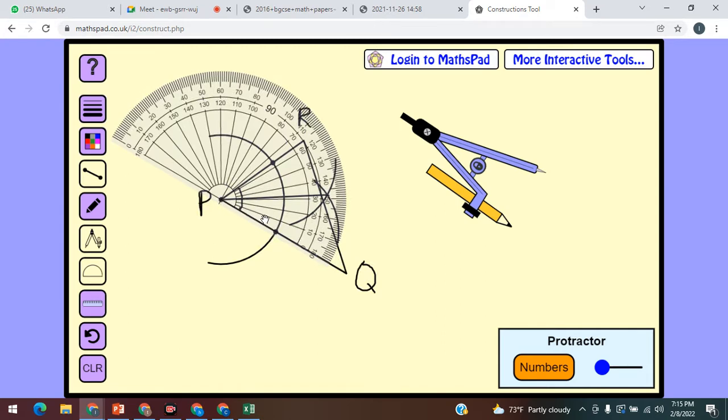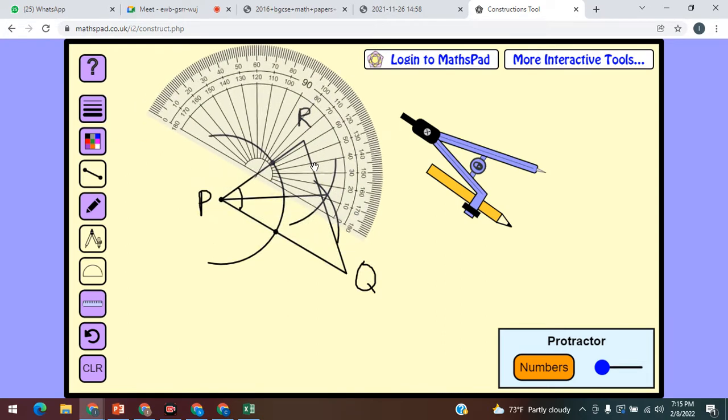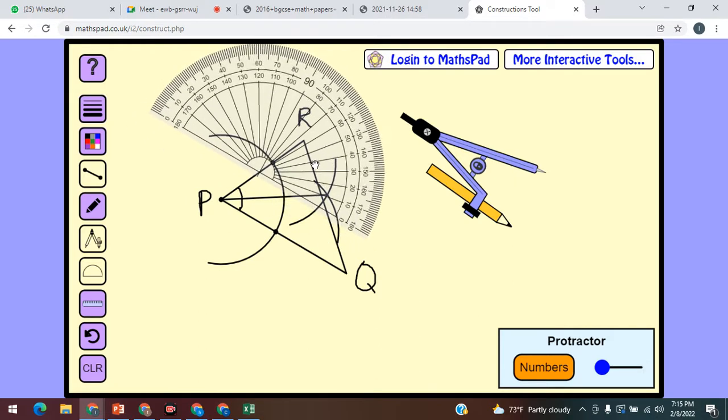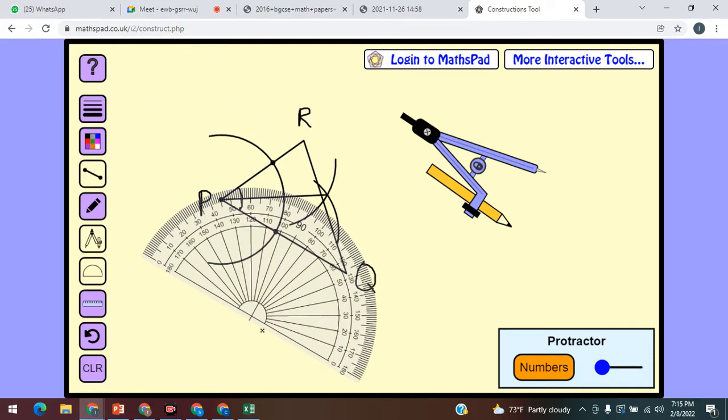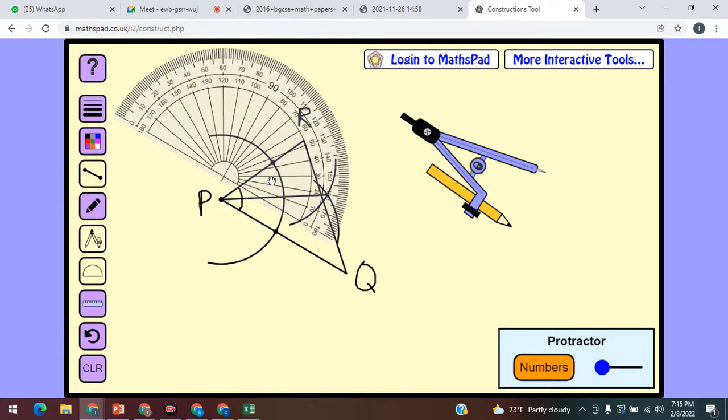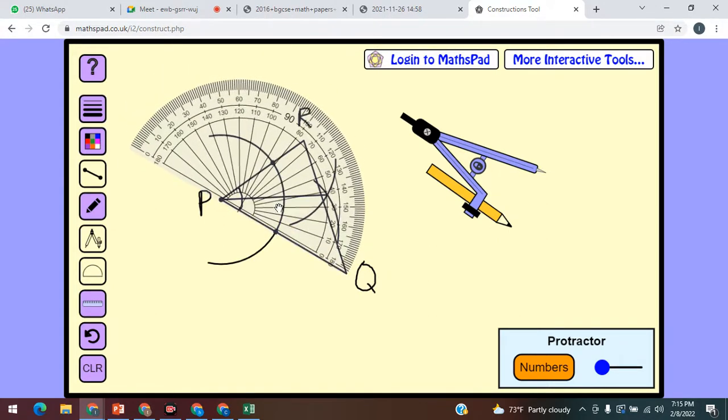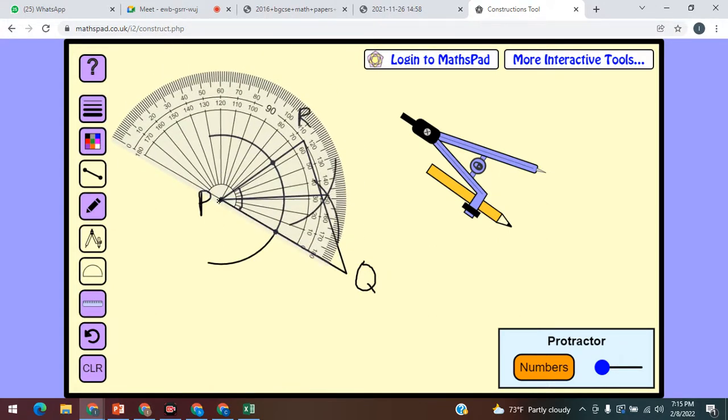Yes, with P. Notice how it's placed. I ensure that the base of my protractor is on this side of the triangle, at a slant, and the center is at the point P. Are we clear? Yes, sir. Thank you.